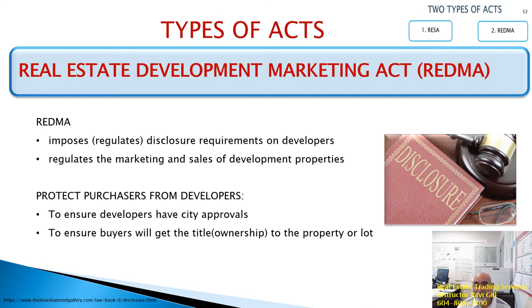They're not allowed to sell material that does not have city approvals, and also you want to make sure that the developer will be able to give you clean ownership without complications. So those are the two things that purchasers or buyers of properties from developers want to be protected.